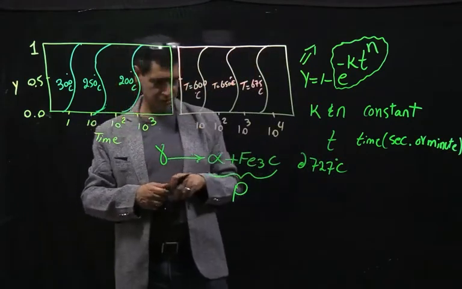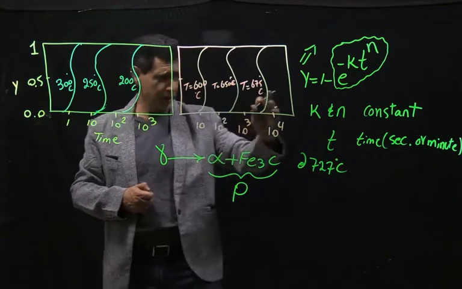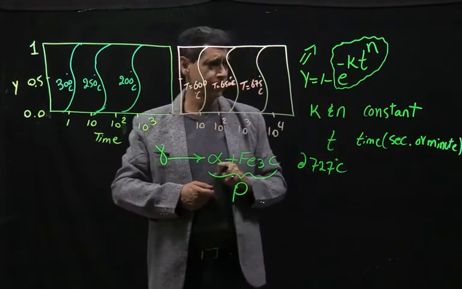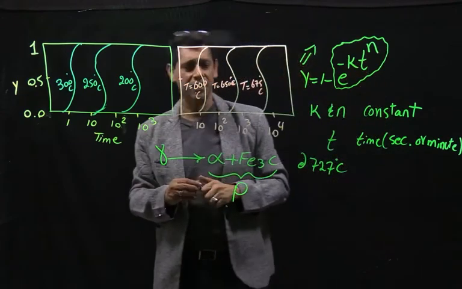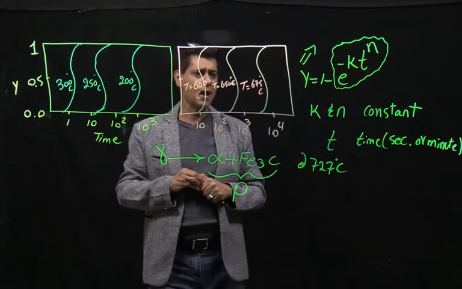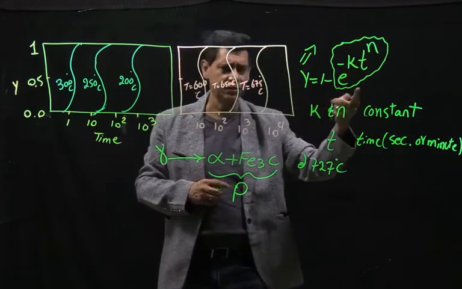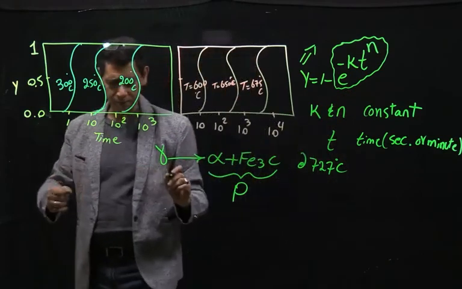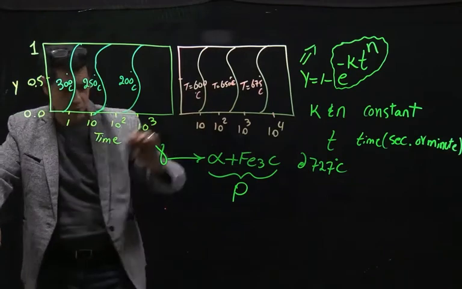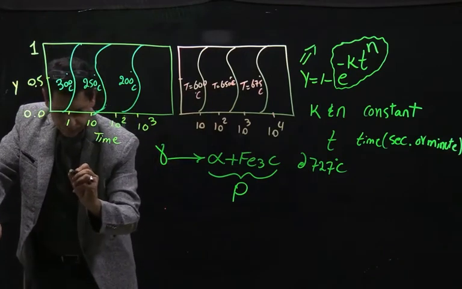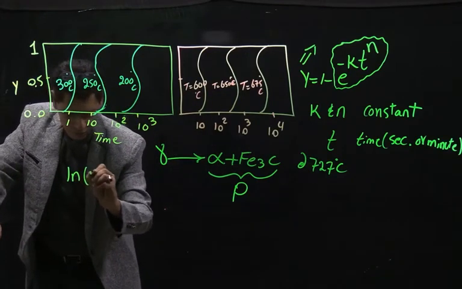That's observation 1. Observation 2, I want to discuss the effect of n and k with a few examples. Let me modify this in a very simple way. I don't write the equation again, but I take ln from both sides.